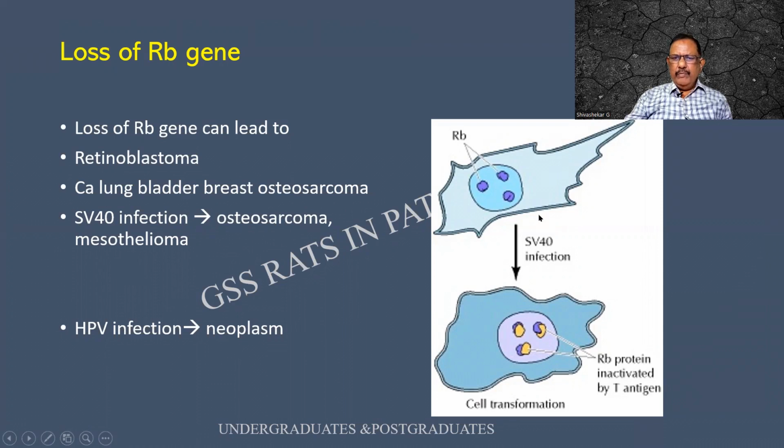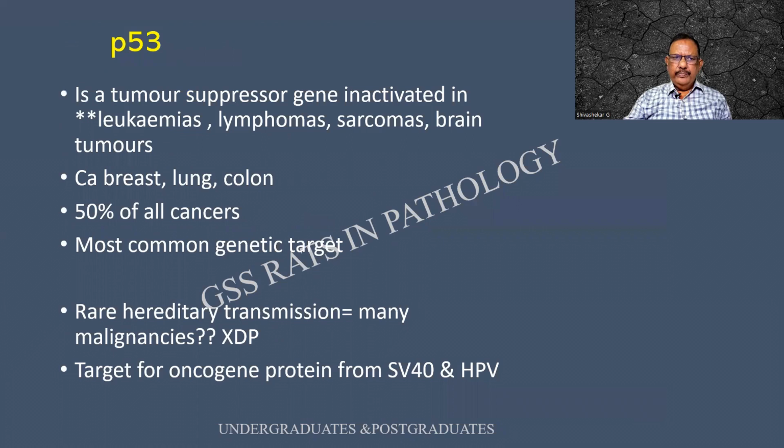So with SV40 infection, there is inactivation of the RB protein by the T antigen. There is a transformation of the cell into a malignancy. A wonderful set of explanation, and all the credit goes to the reference that I had quoted first.